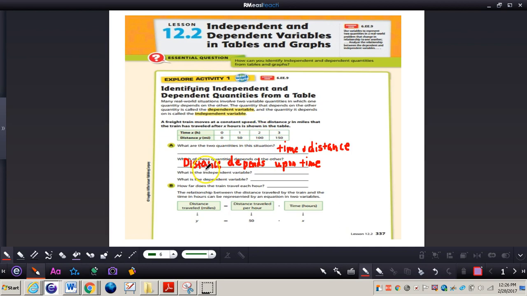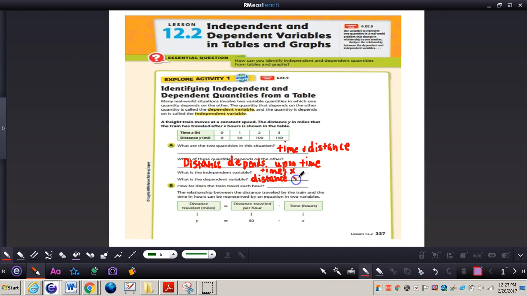So what is the independent variable? We have time is the independent variable. Or we could say x is the independent variable. And what's the dependent variable? We see here, distance depends upon the time. Let's write this out.